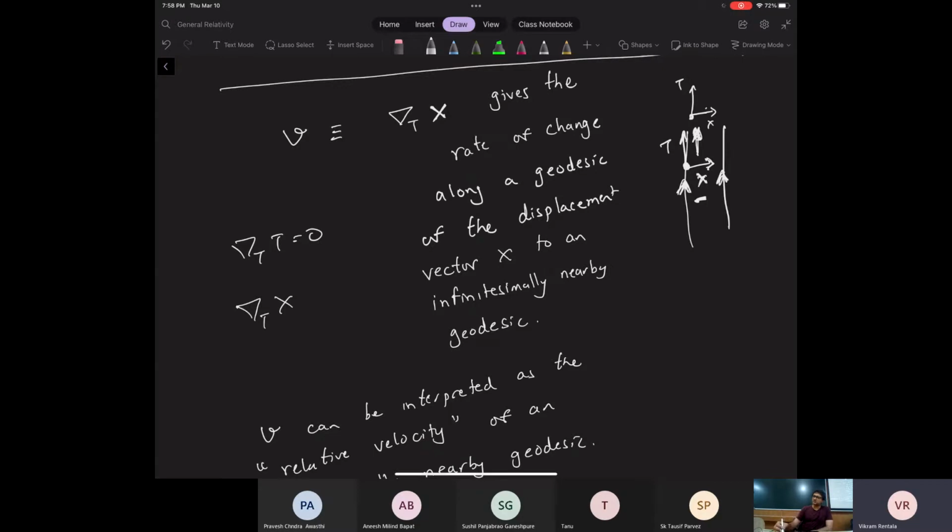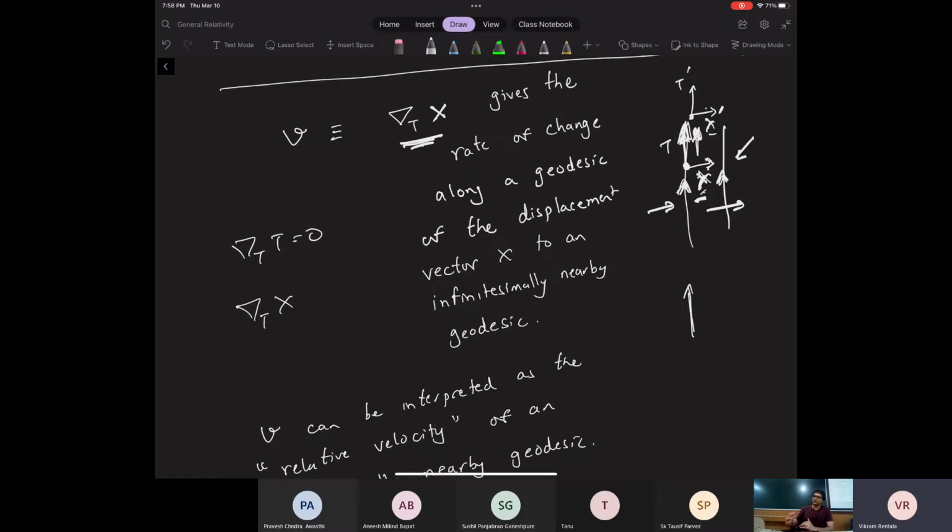So this in some sense defines some kind of velocity. This is a measure of the velocity of this geodesic relative to this geodesic along the deviation direction. As I go along the tangent vector from here to here, if I compare this x with x prime after a parallel transport, has it changed, or is it the same?